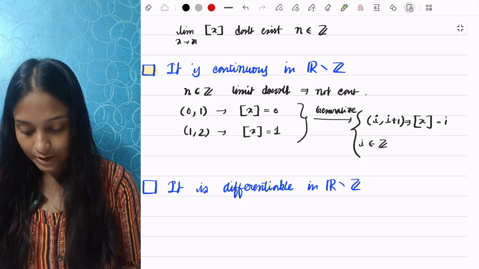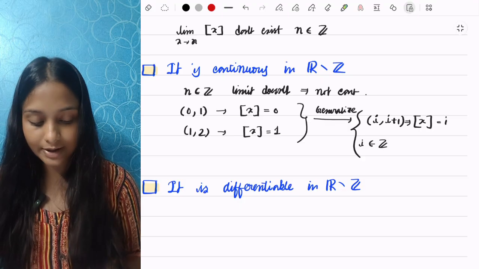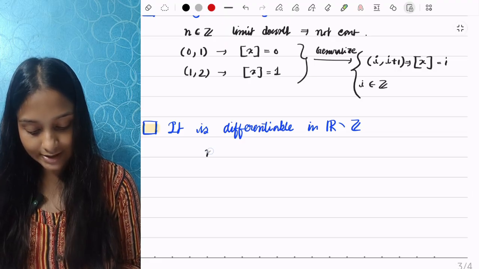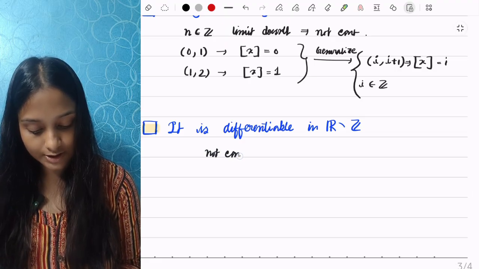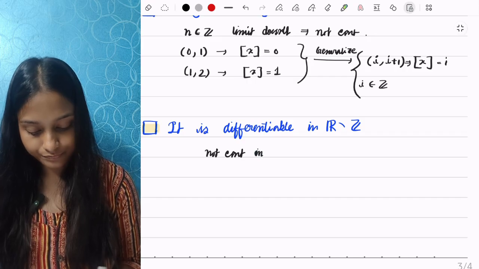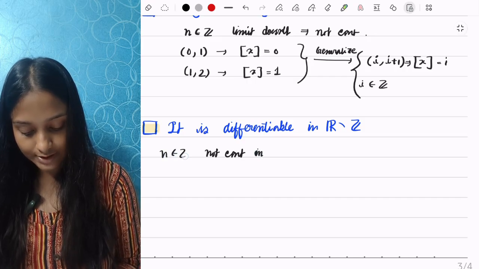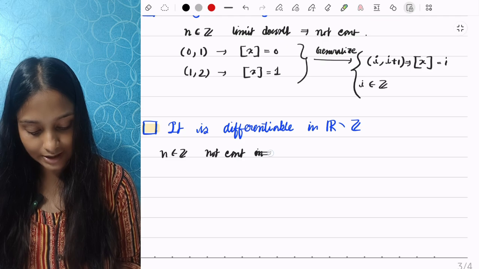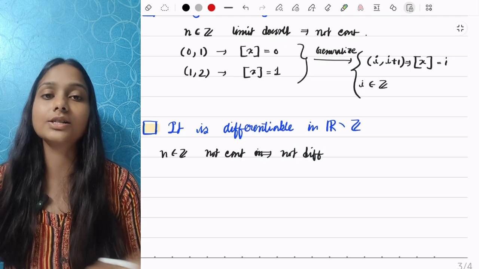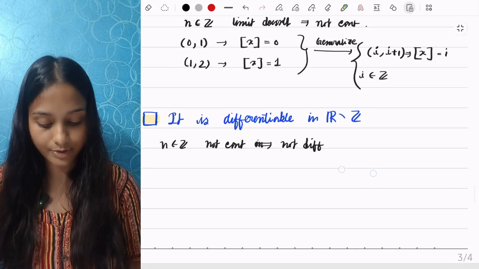Similarly, it is differentiable in r minus z. So again we can say that as it is not continuous for n belongs to z, that implies not differentiable. If a function is not continuous, it is not differentiable.